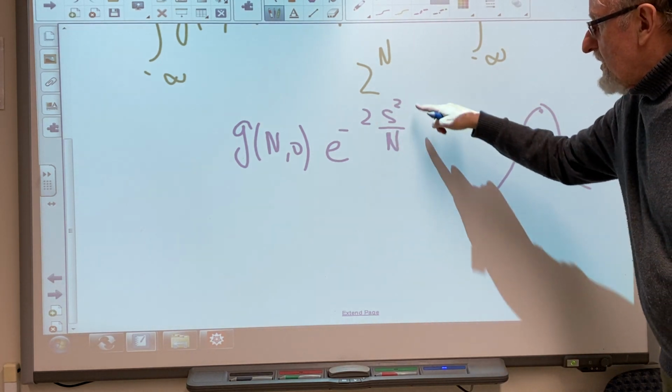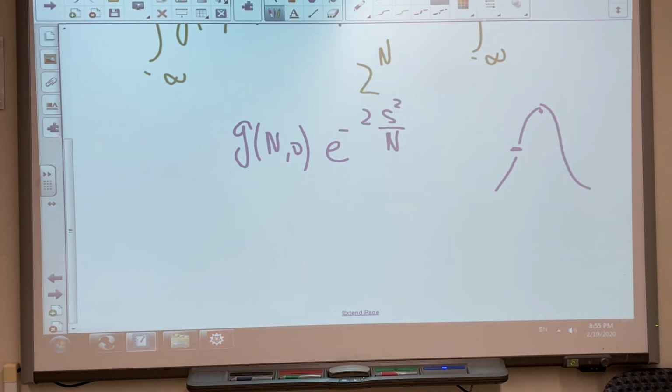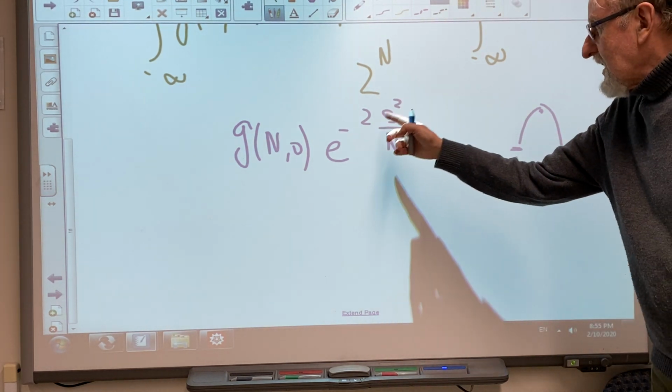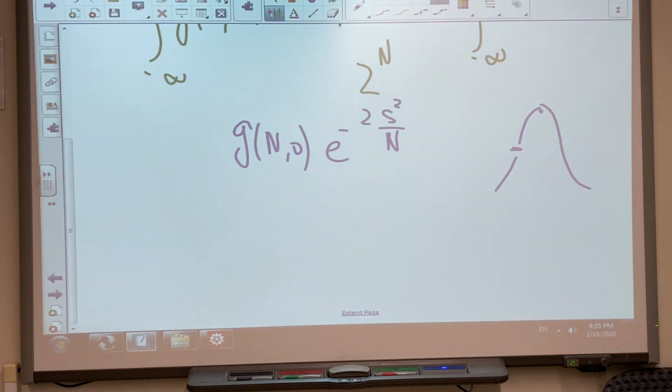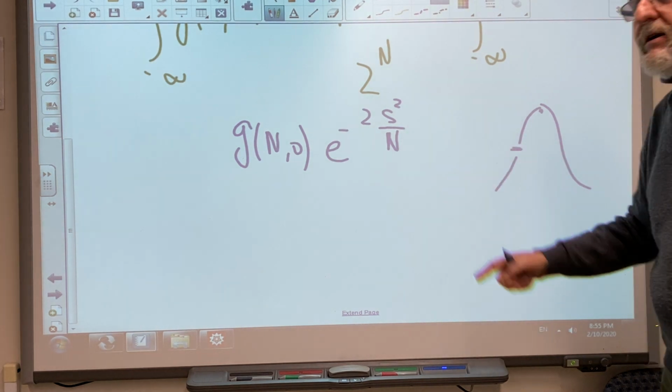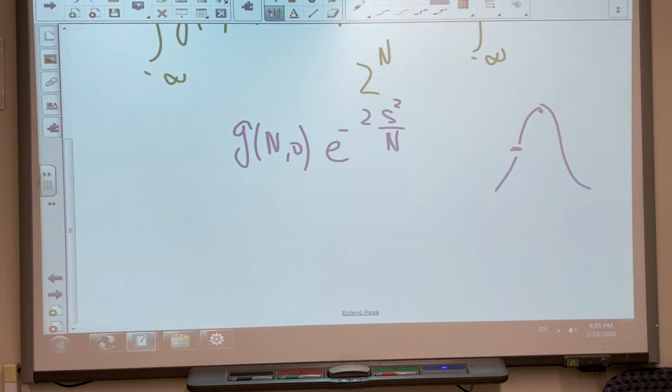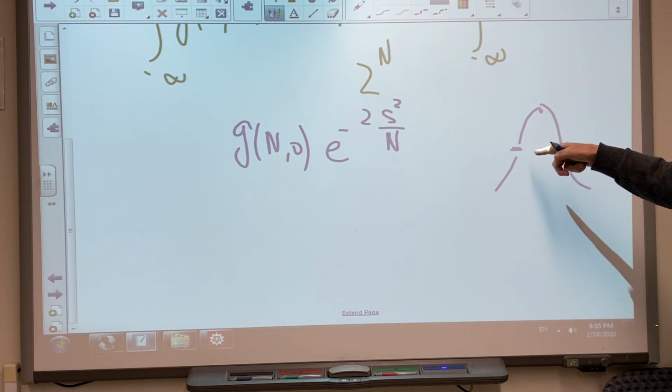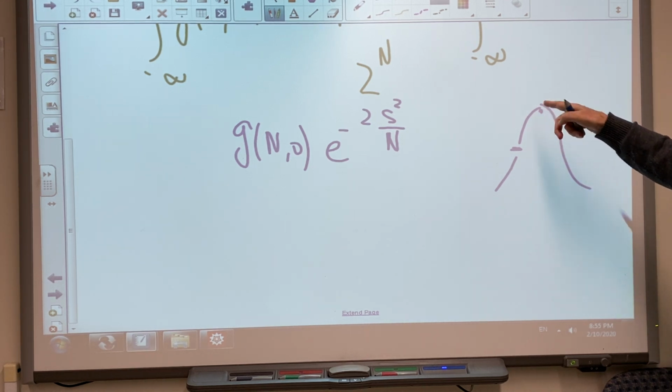When this number becomes minus 1, okay? When 2s squared over n becomes 1. Because then I have e to the minus 1, which is 0.3. So if 2s squared over n becomes of order 1, already the function is at less than 30% of the maximum.